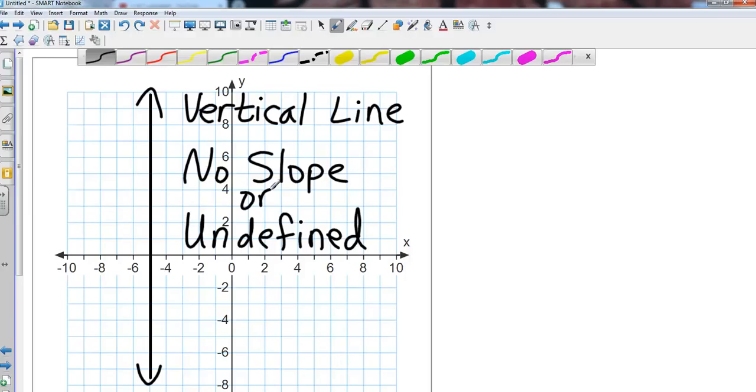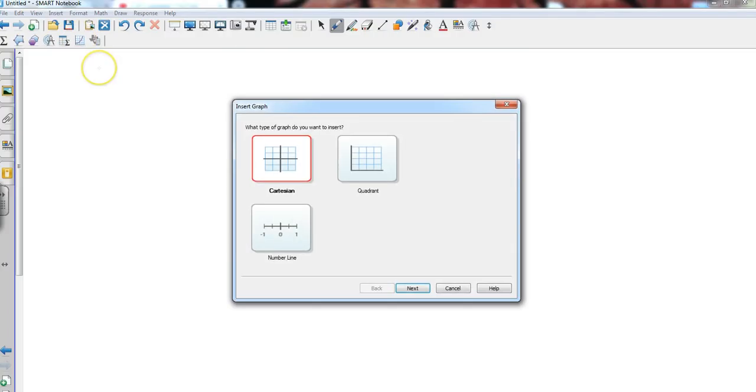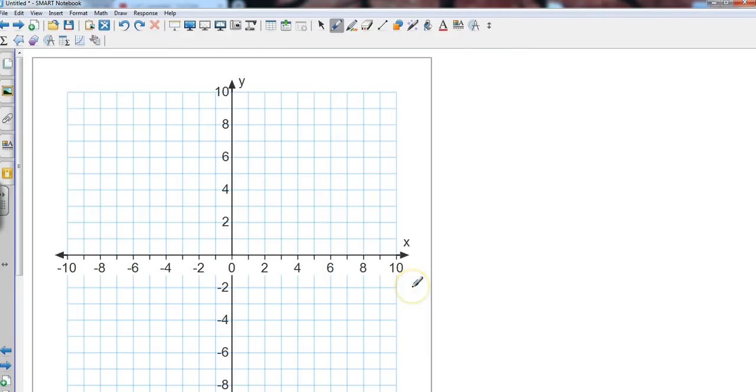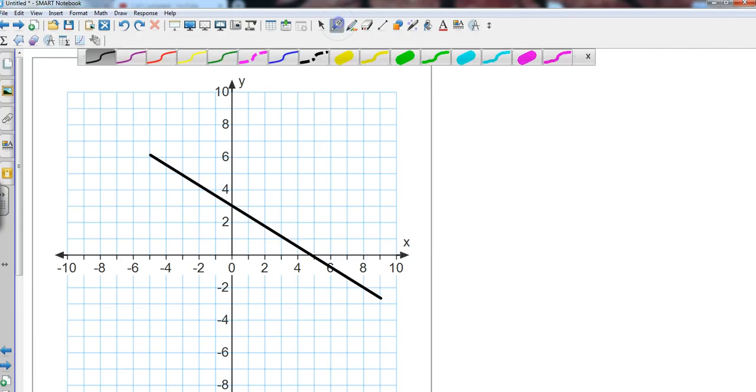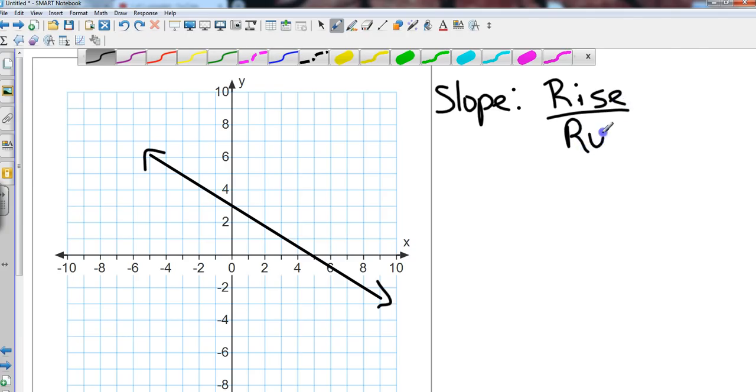So then we get into an actual diagonal line where we can measure the slope. And let's say I have this one right here. And so slope can be determined by a term called rise over run.